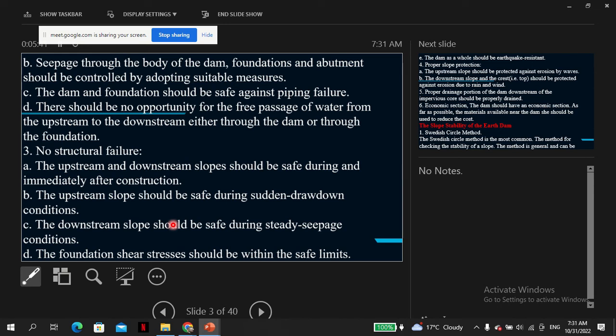The dam and foundation should be safe against piping failure. If the in situ material is sand, there should be no opportunity for free seepage of water from upstream to the downstream, either through the dam or through the foundation.